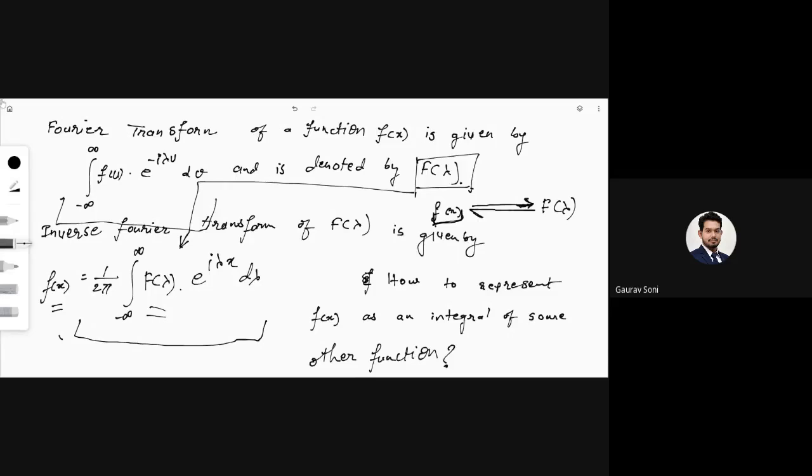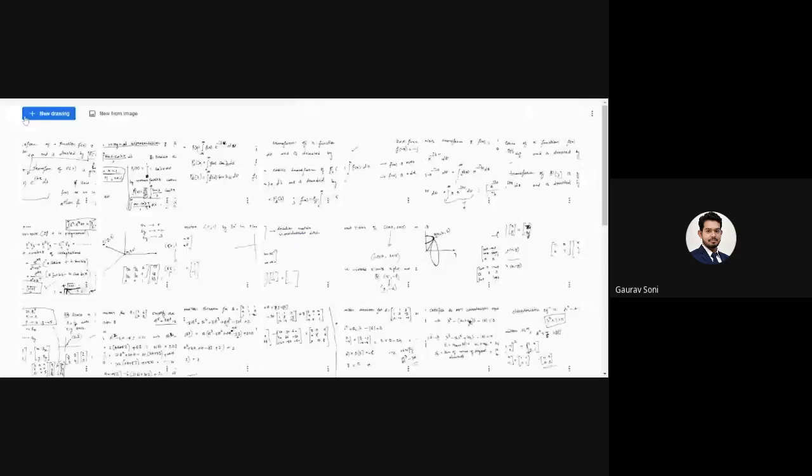Now, fill in the blanks. If f of minus x is equal to f of x, then f of x is called dash.